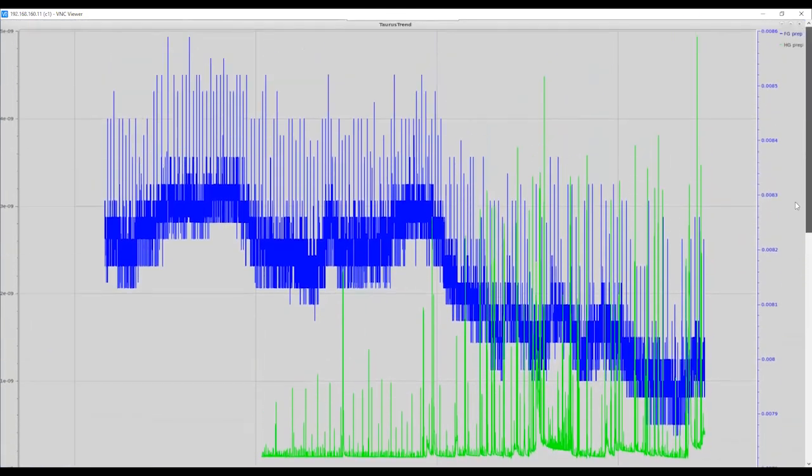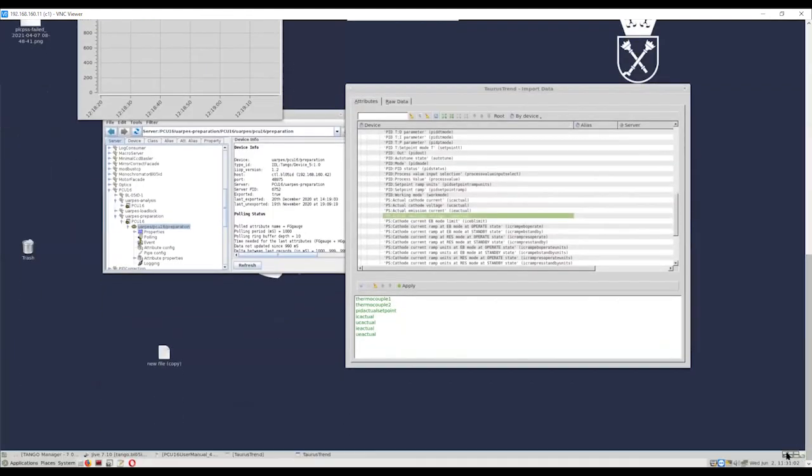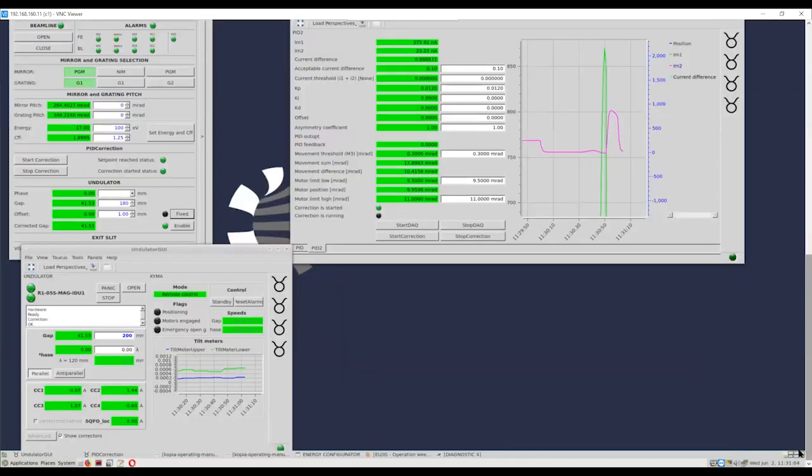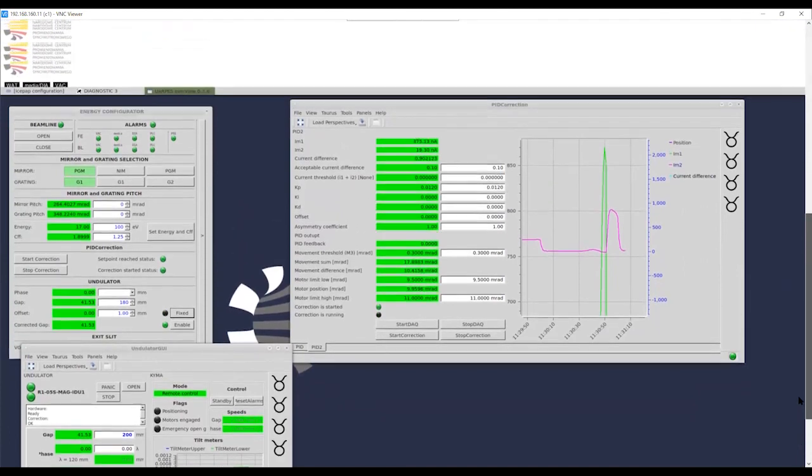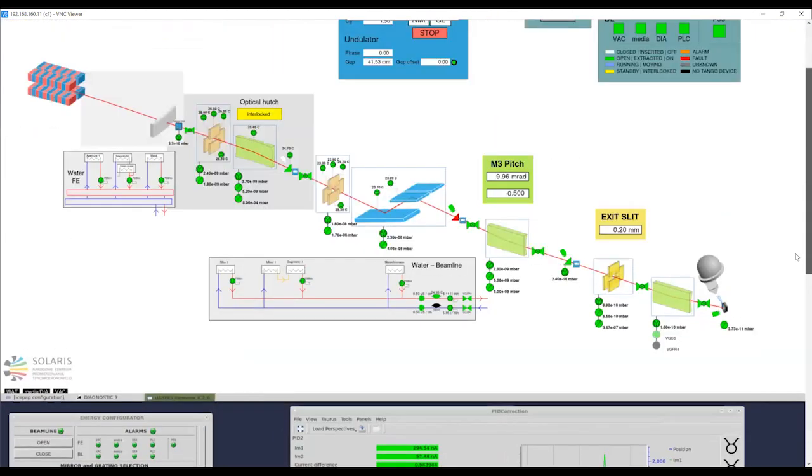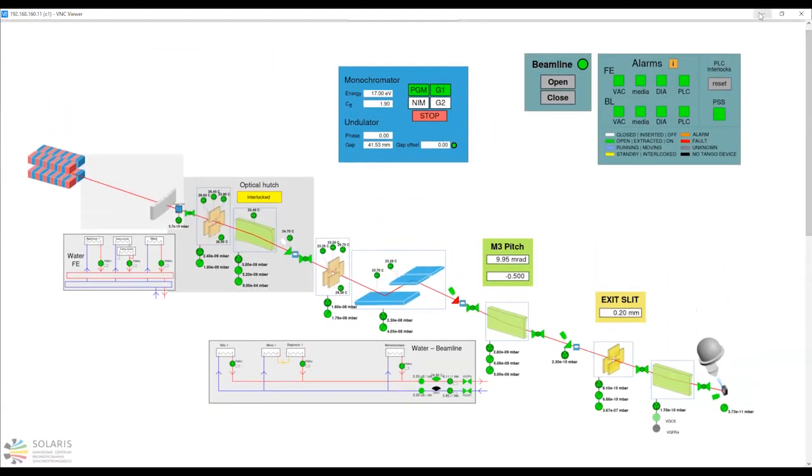And also we can measure, for example, the pressure in the log. So we can stay at home and see everything that happens on our beamline. And we can connect to the next computer.